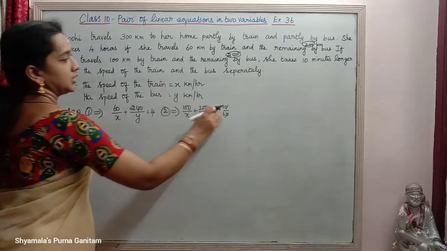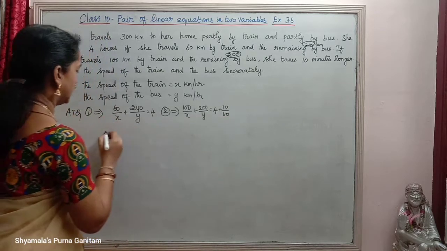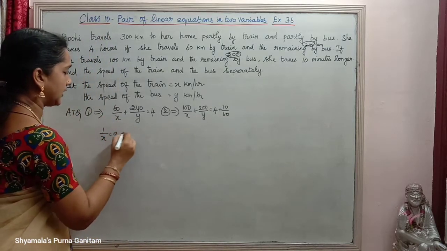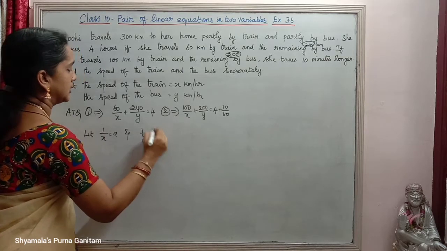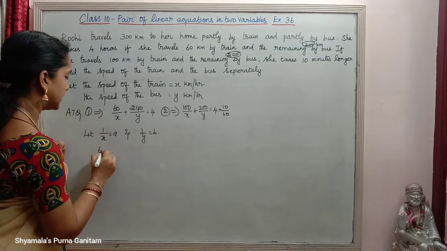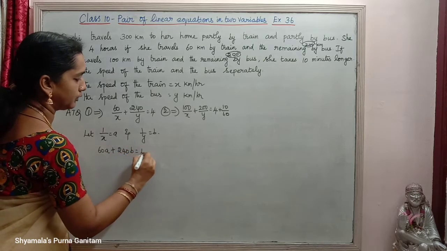Now, so we will take 1 by x is equal to A and 1 by y is equal to B. So the first equation will become 60A plus 240B is equal to 4.